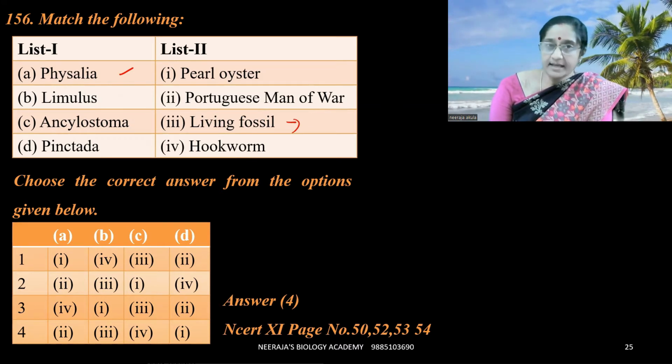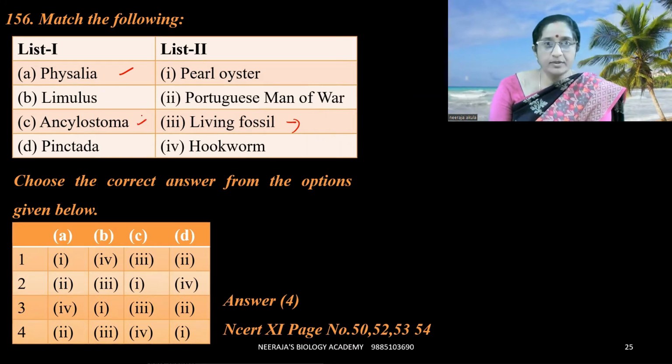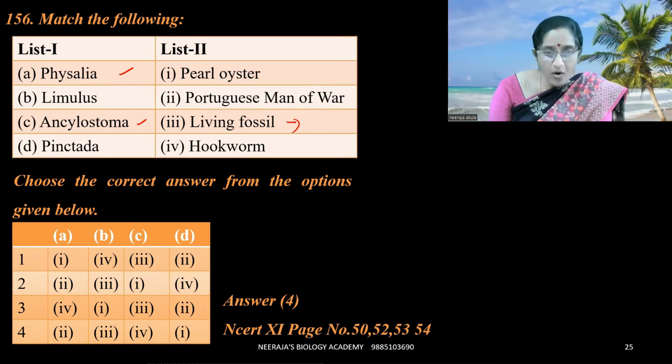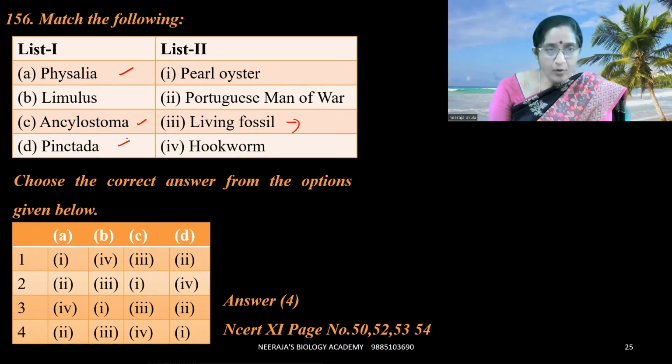Other living fossils are Neopilina, Latimeria chalumnae or coelacanth fish, and also Sphenodon. Ancylostoma duodenale belongs to the phylum Aschelminthes. It's an organism which is commonly known as hookworm. Pinctada, which is known as pearl oyster, belongs to phylum Mollusca. It is an organism where the radula is absent.